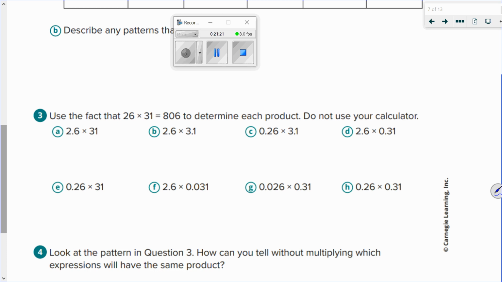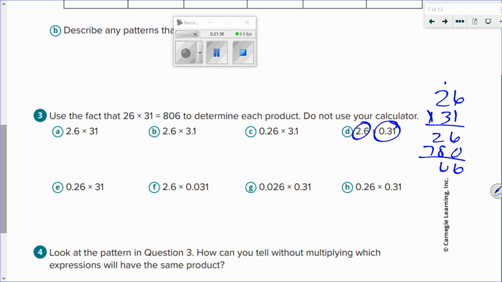Guys, so this is one of those you either get or you don't. My 2 numbers, 26 and 31. So I multiply them. I'm going to get 806. So those are the only 3 numbers I'm working with, right?